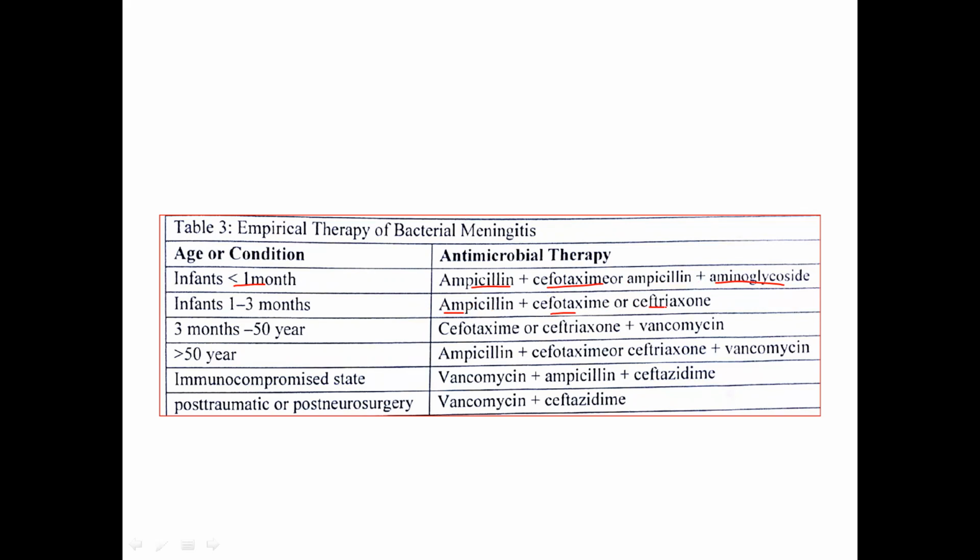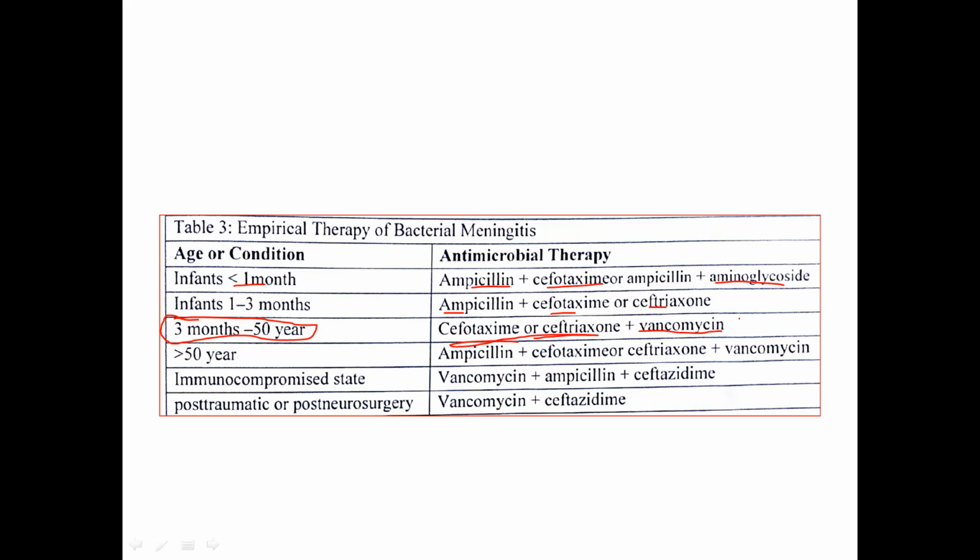And 3 months up to 50 years. Basically, our patient is in this age and he doesn't have any other condition. So ceftriaxone or cefotaxime plus vancomycin is enough to cover both.